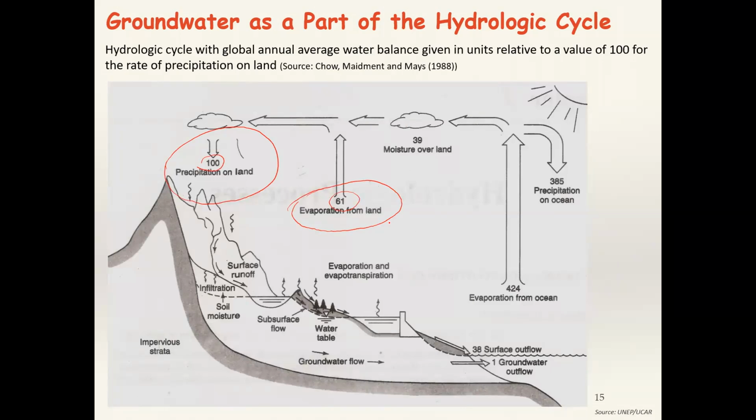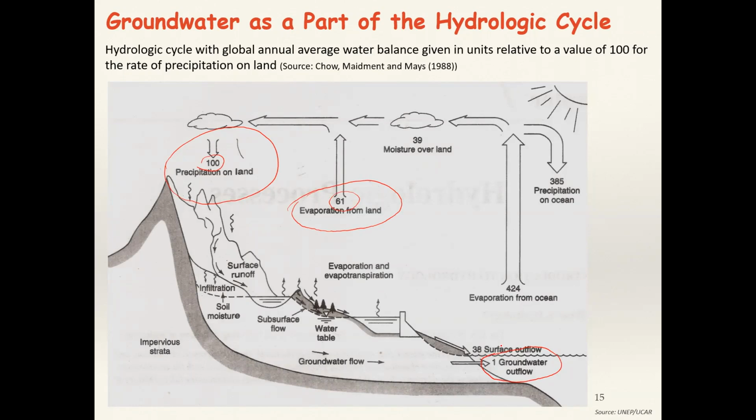Then we have the surface runoff, right? If you compare this precipitation with the groundwater flow, it is only about 1%, right? So probably you undermine the importance of groundwater flow by looking at these numbers. But you need to understand why this is 1%.